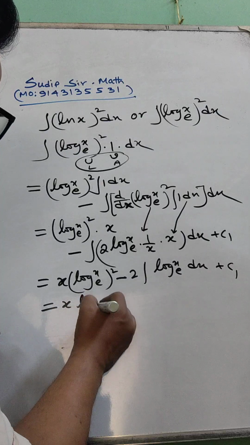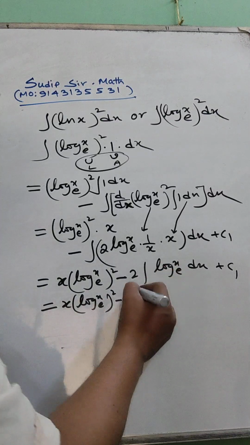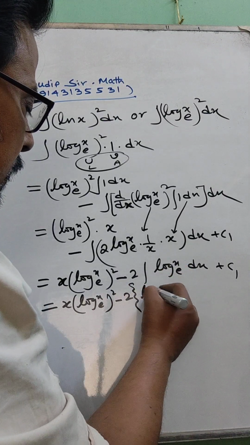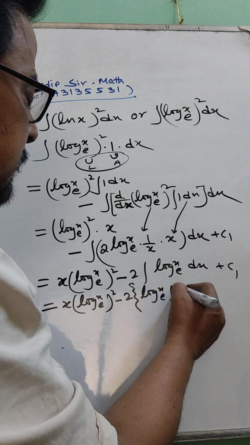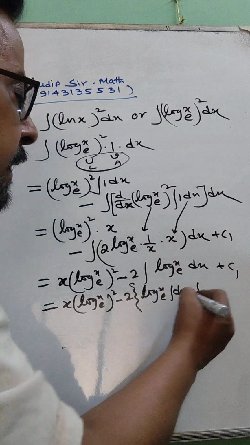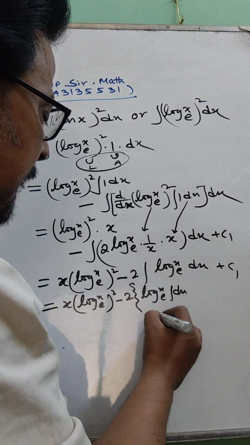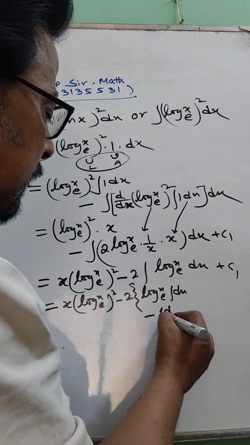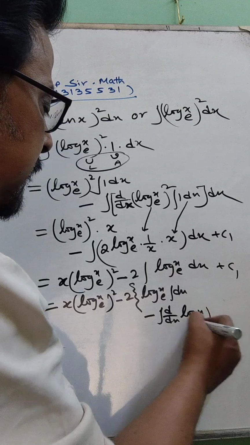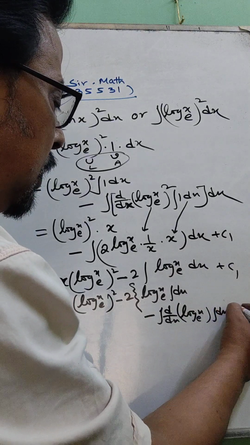x (log x base c)² minus 2, again by parts. This is log x base c, integration dx, minus integration d/dx of log x base c into integration dx, whole dx.